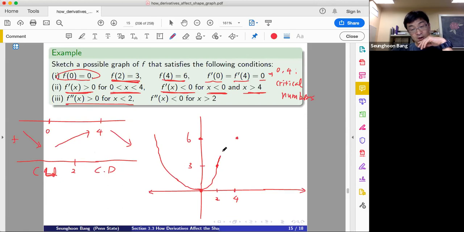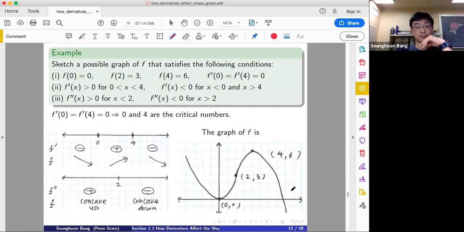From 4 to infinity, concave down and decreasing. So that's it. This is the whole idea for sketching the graph using this kind of method, right?